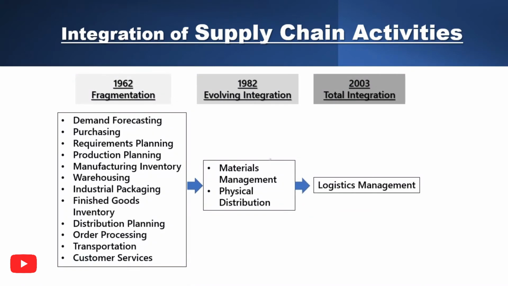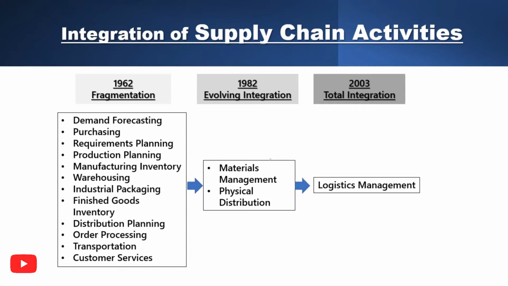In 1962, it was a fragmentation model of integration: 12 activities in one structure. Those were demand forecasting, purchasing, requirements planning, production planning, manufacturing inventory, warehousing, industrial packaging, finished goods inventory, distribution planning, order processing, transportation, customer services. These many activities in one structure.